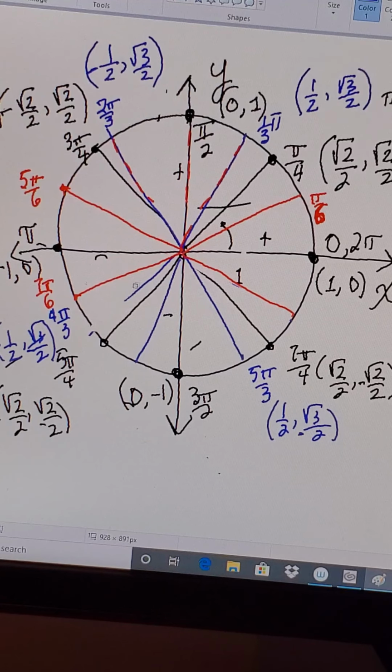I drew it the wrong way earlier. So I don't want to make this video any longer than it should be. So just keep in mind that 4π/3 is here, okay? So that's 7/6. That would have been 8/6, already have a spot there.